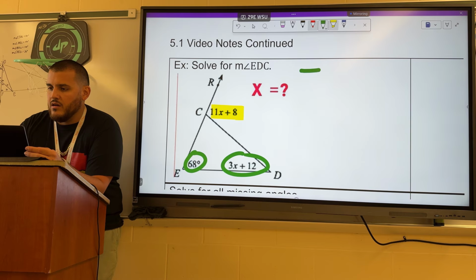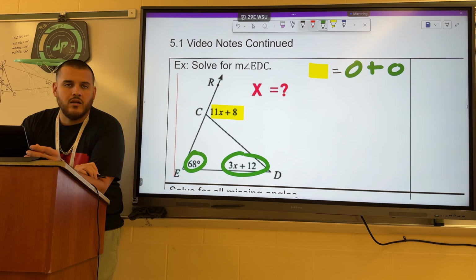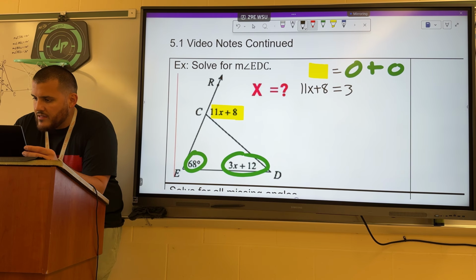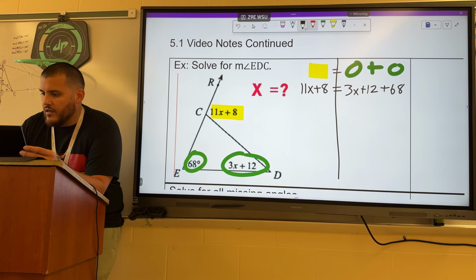So exterior, sorry, my software is lagging here a little bit. So our exterior angle will equal the sum of those non-adjacent interior angles. So in this example, we have 11x plus 8 for our exterior equal to our 3x plus 12 plus our 68 for our non-adjacent interior angles.